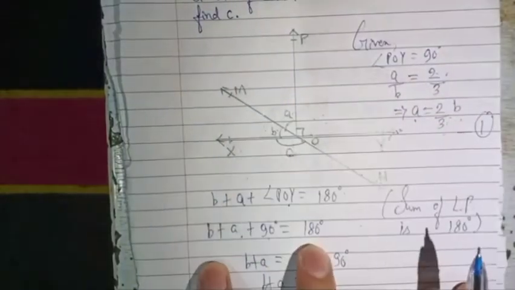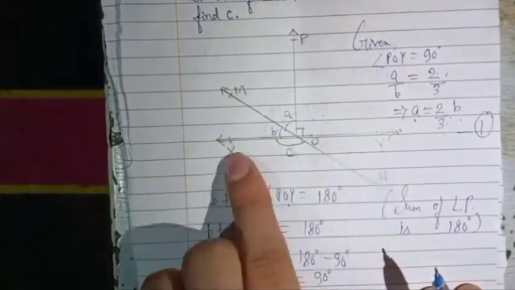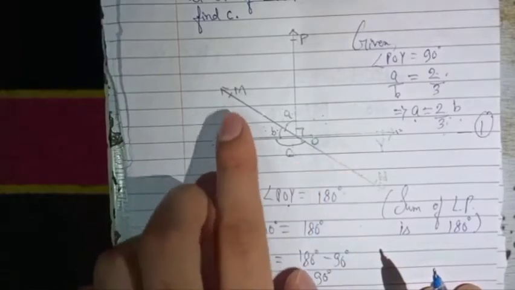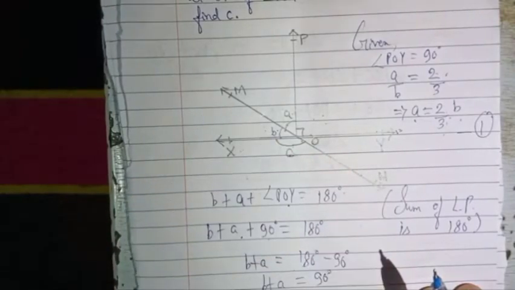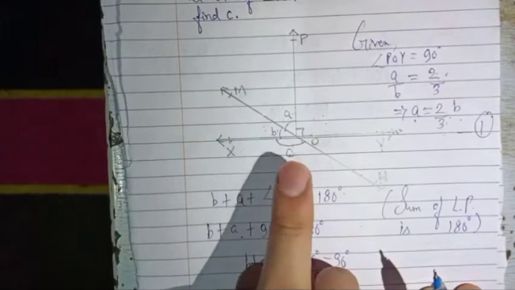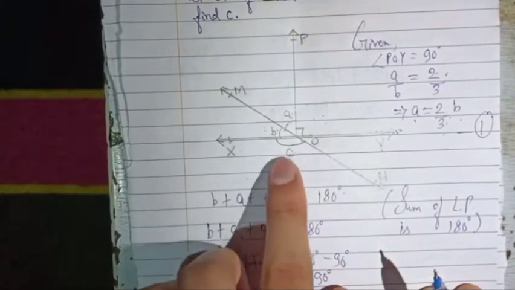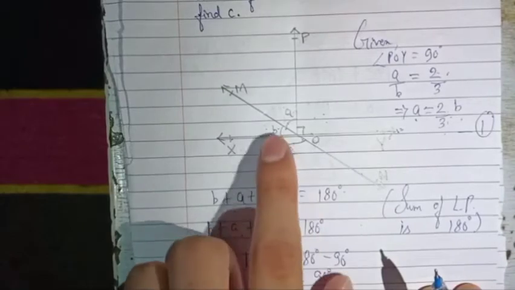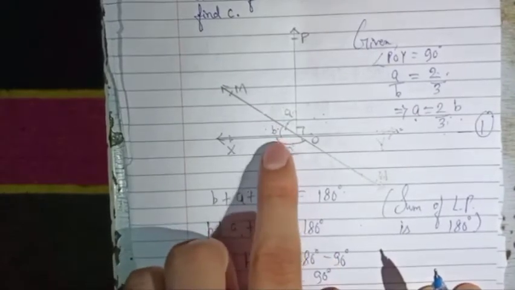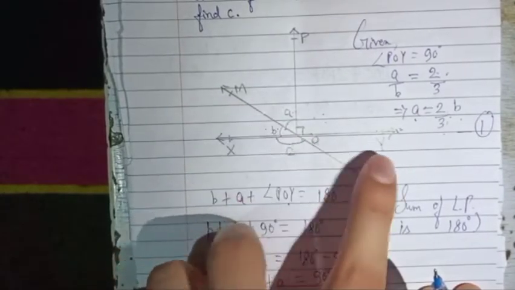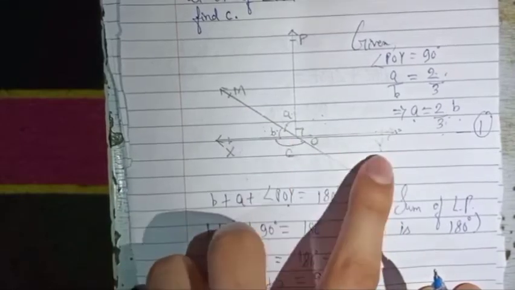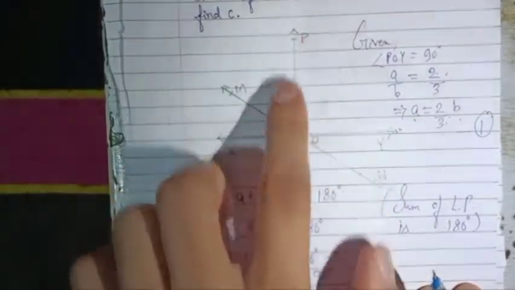Just look into the diagram carefully. XY is the line segment which is intersected by another line segment, that is MN. So XY and MN are intersecting lines. So angle C will be equal to the angle MOY, and MOY is a sum of angle POM plus POY.